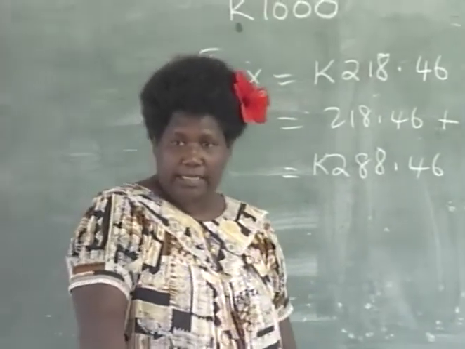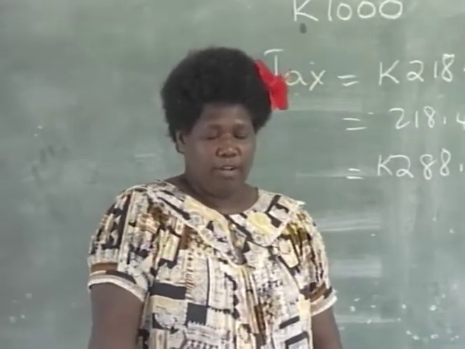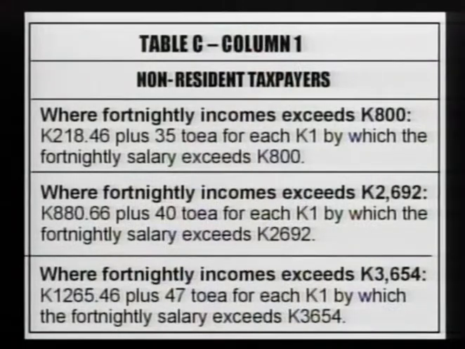Okay, so you understand? Now, for the next one, where fortnightly income exceeds 2,692 kina, you pay 880 kina 66 toya plus it increases. So the more money you earn, the more tax you pay. 40 toya for each 1 kina by which the salary exceeds 2,692. Similar.